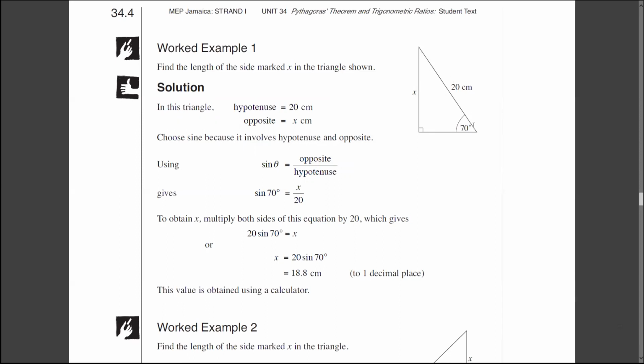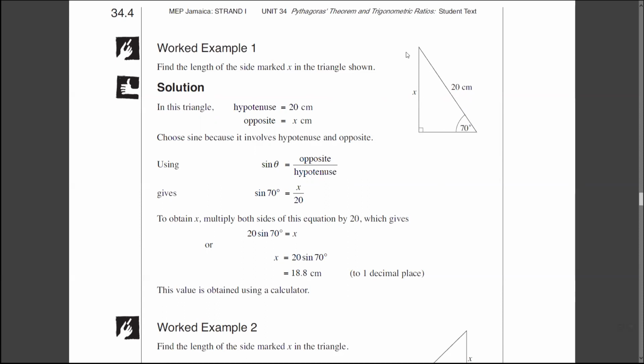You couldn't use cosine. For cosine, you would need the adjacent. You don't get any information about the adjacent. Well, to be fair, a man may say, wait, sir, I can use cosine. I can find the adjacent, relate the hypotenuse to the adjacent with the angle, find this here, and then use Pythagoras theorem, and this would be one of my shorter sides.